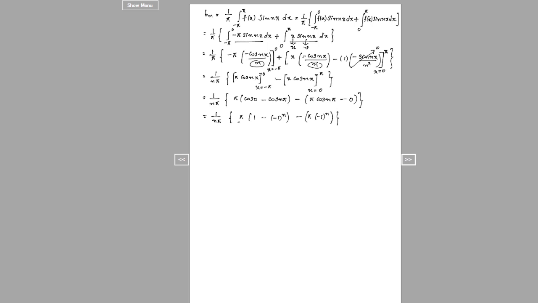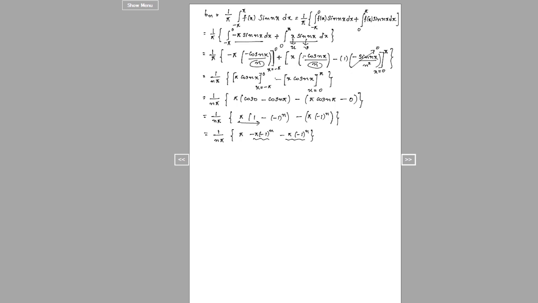So multiply this pi inside, becomes 1 by n, pi minus of minus pi into minus 1 power n minus pi into minus 1 power n. So it is of the form minus a minus a. So minus a minus a is what? It is minus 2a.